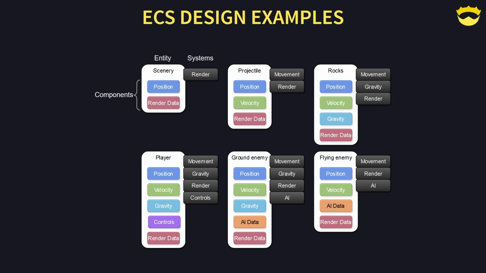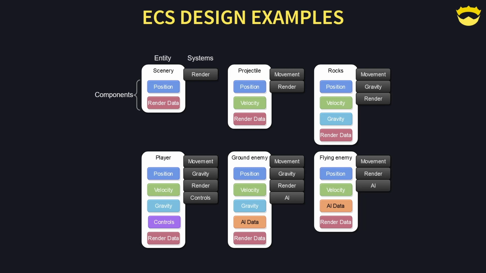So already we've got inherently more concepts that can be built from these component parts than having to plan ahead into one tree structure of how it's all organized. You can see here we've got scenery, which is just position and render data, whereas when we add velocity, then things move, and gravity, then things fall from the sky, and so on.